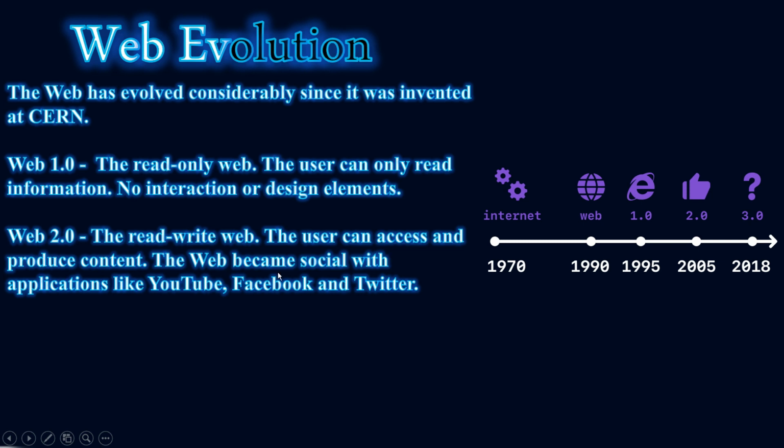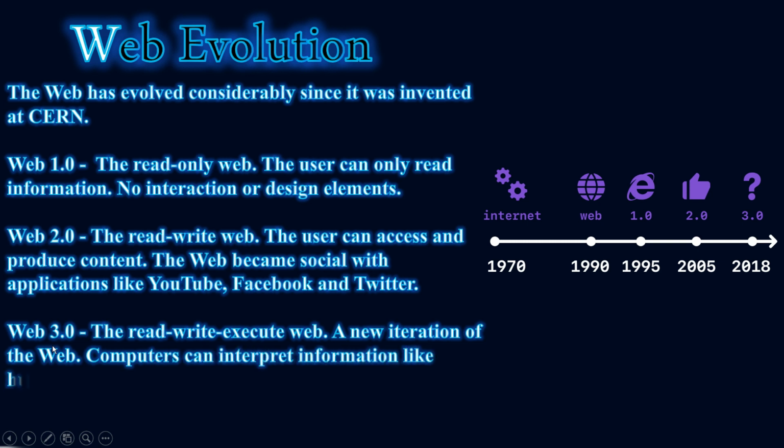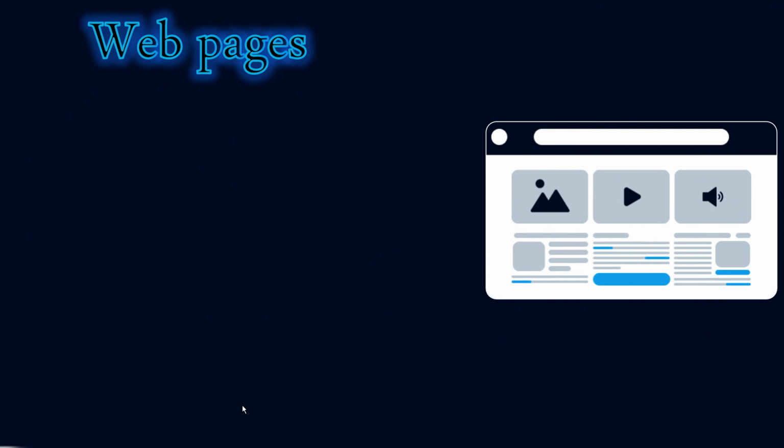The web became social with applications like YouTube, Facebook, and Twitter. And the third version of the web is Web 3.0, the read, write, execute web, a new iteration of the web. Computers can interpret information like humans via artificial intelligence.